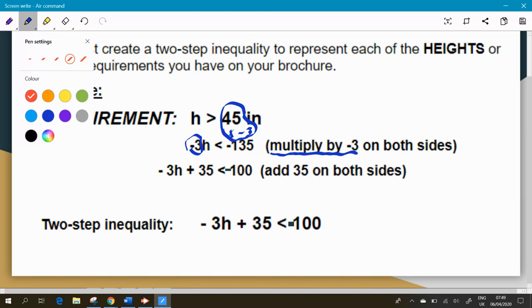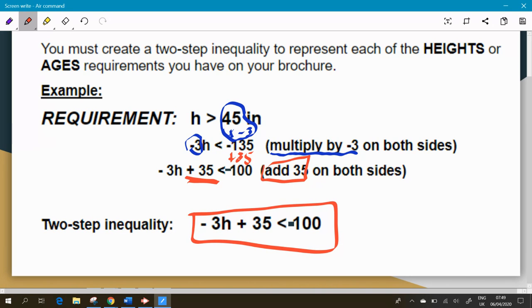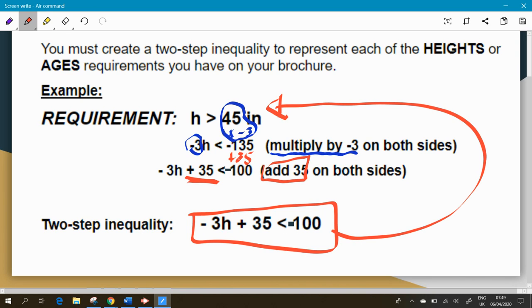Come on, guys, I know you can do way better than this. Then here, I'm adding 35 on both sides. When I add the 35, -135 plus 35 gives me -100. This is my two-step inequality that, if I solve correctly, gives me my height requirement.